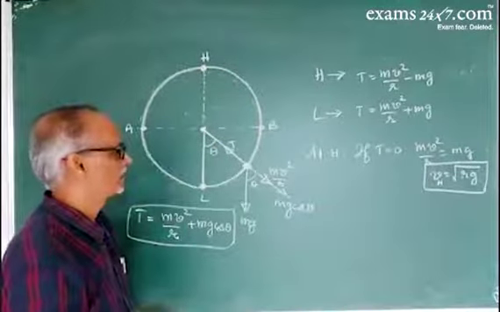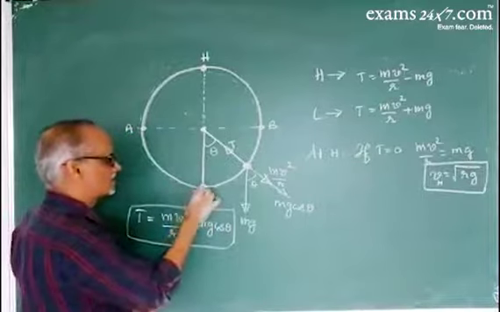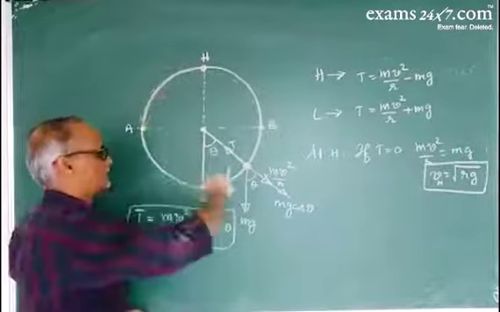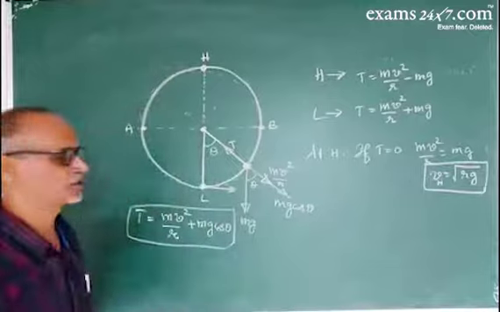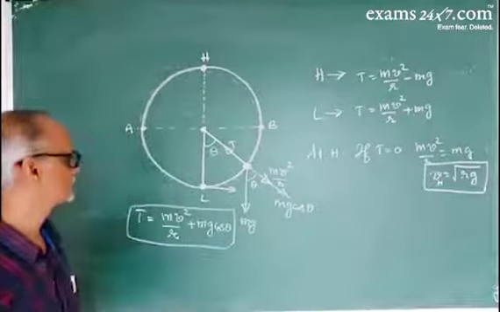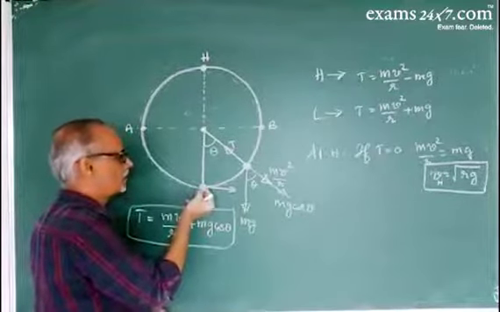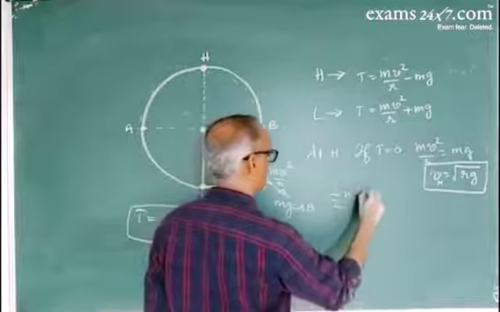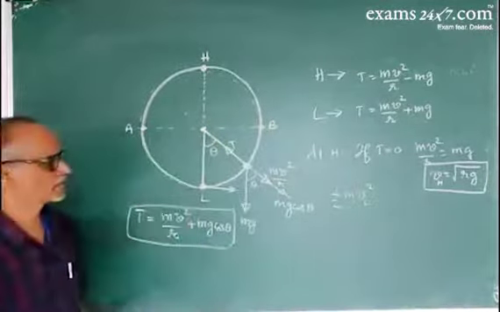Similarly, what is the velocity that is required here? The minimum velocity required so that this particle describes the circular path. To find that, I'm going to use the law of conservation of energy. When the particle is at the lowest point, it possesses only kinetic energy, which is ½mv_L², the velocity at the lowest point.